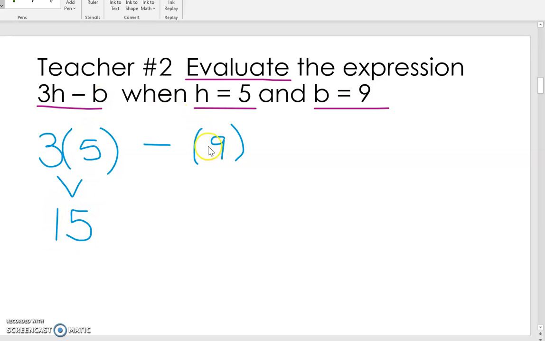Because b did not have a coefficient, I can just leave that as 9. Once I replace my variables, I'm able to then simplify these each to a number and solve the problem. 15 minus 9 will leave me with 6.